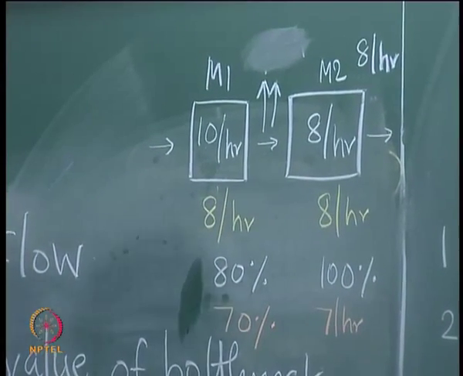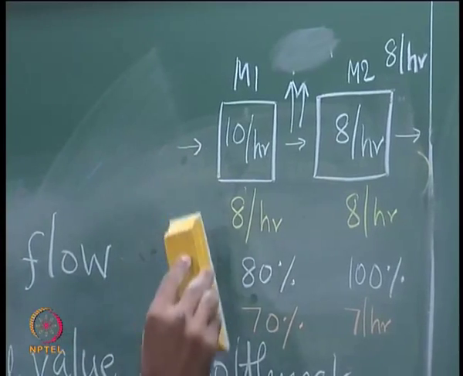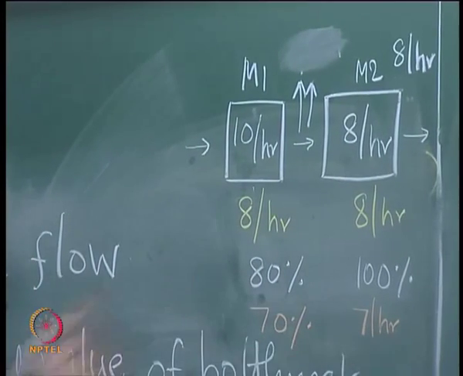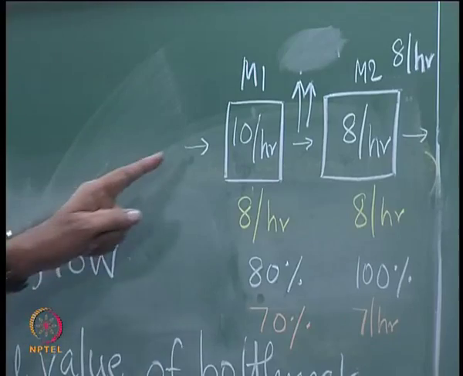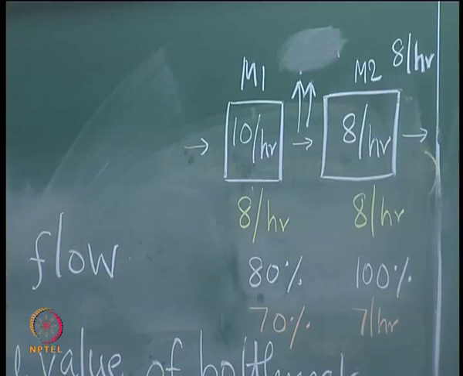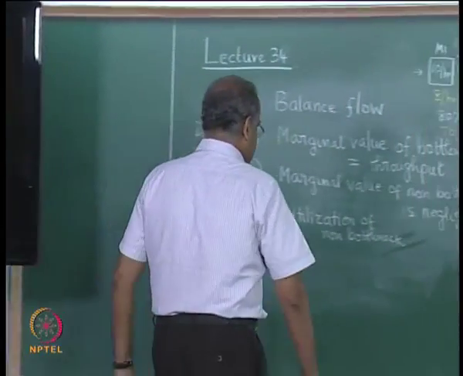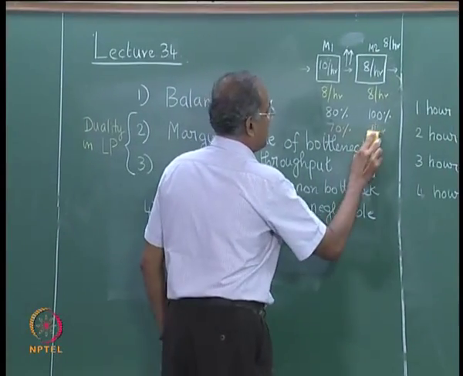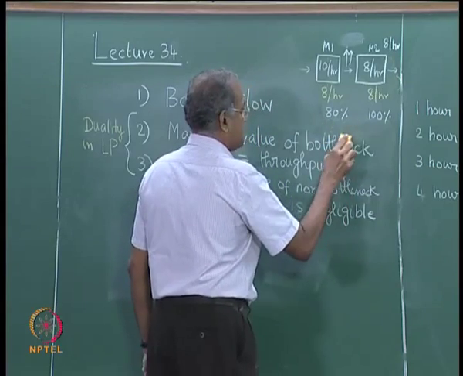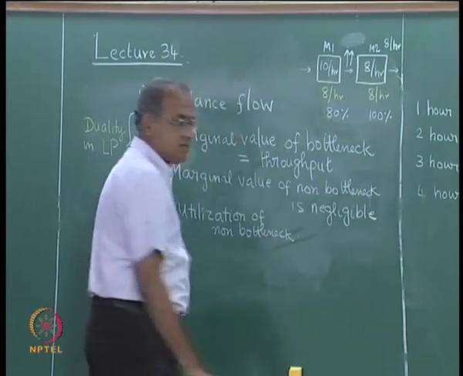So, the utilization of the non-bottleneck is controlled by the bottleneck or by other constraints in the system, which is what SM4 talks about, and non-bottlenecks will not have 100% utilization.